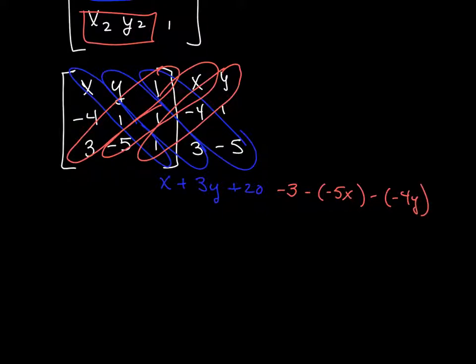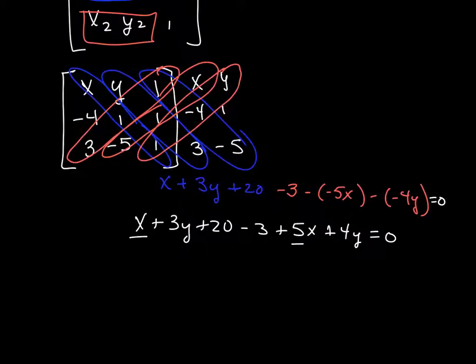Now the key with this is that you let all of this equal 0. So what do I have here? I have x plus 3y plus 20 minus 3 plus 5x plus 4y is equal to 0. If I combine my x terms, I have 6x.